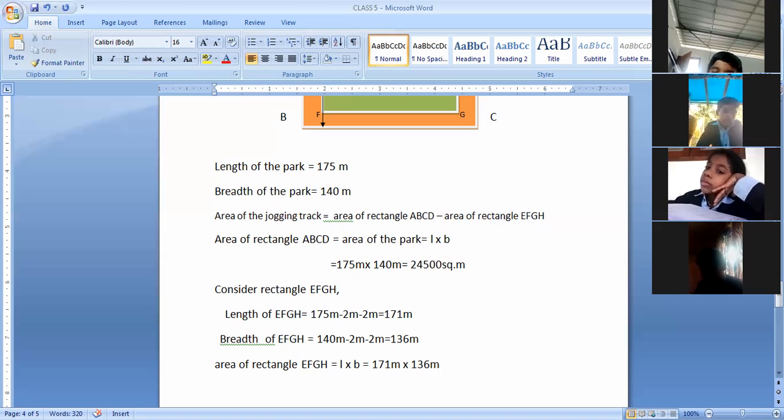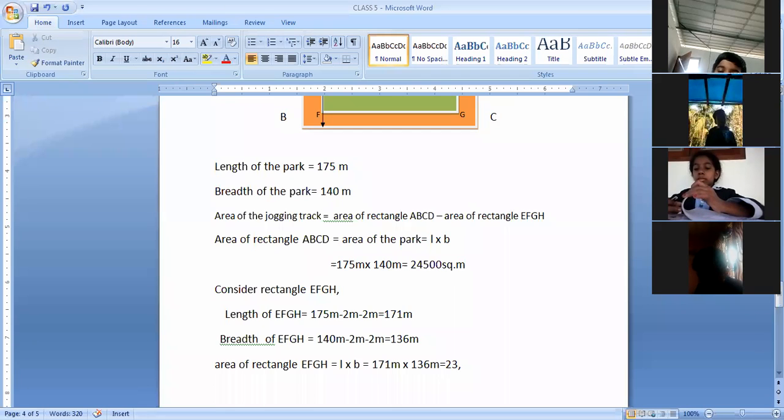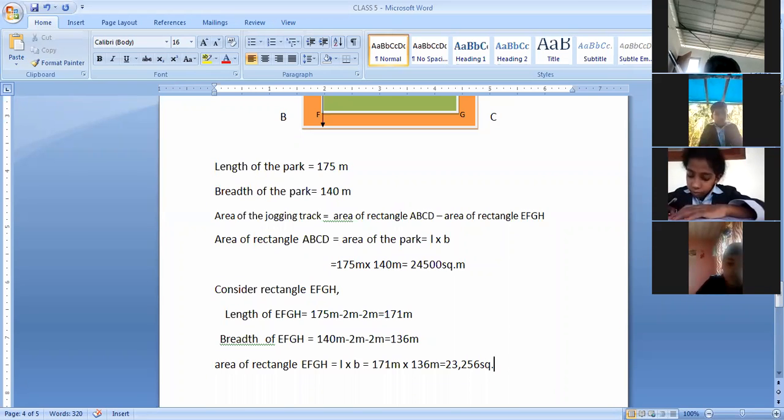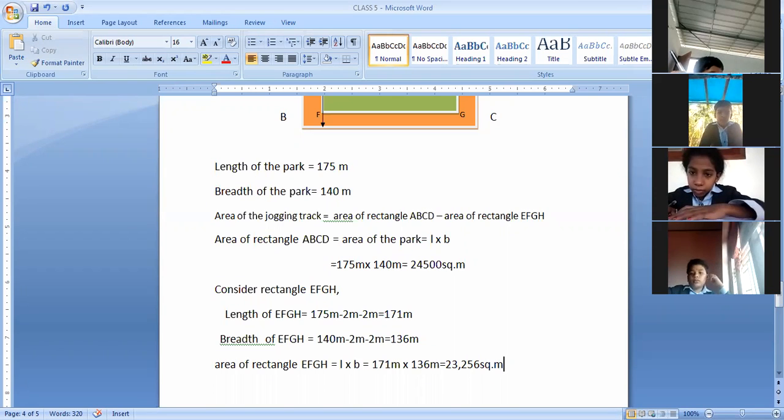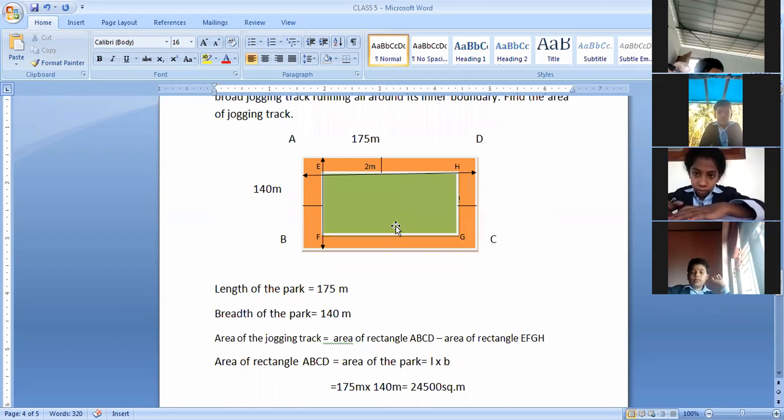Do it and tell me the answer. 23,256. Yeah, you are looking at the textbook, I guess. Okay, I'll give you homework, then you can do the calculation from home. 23,256 square meter is the area of the smaller rectangle.